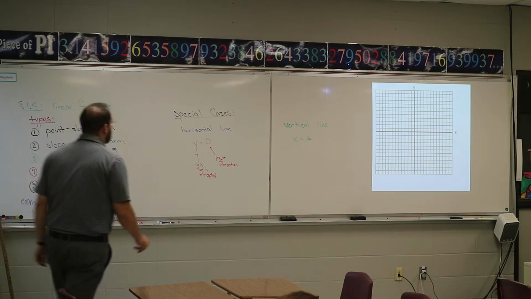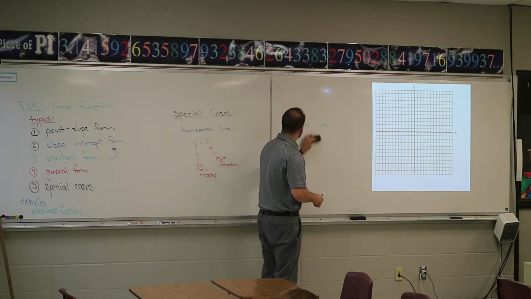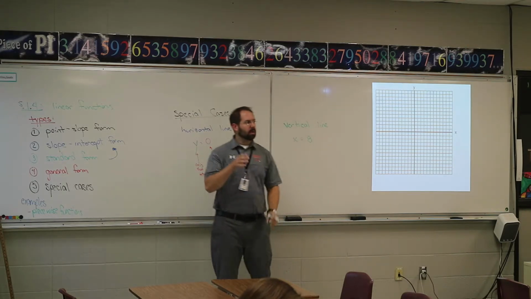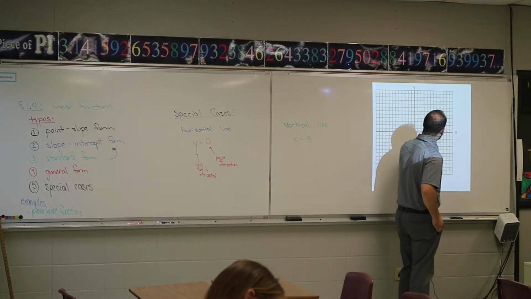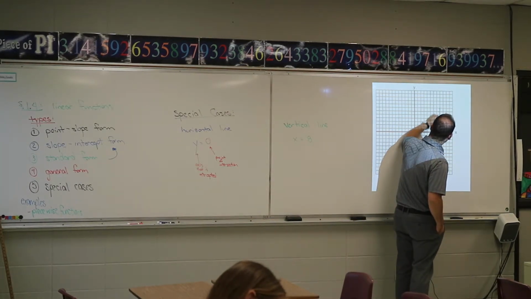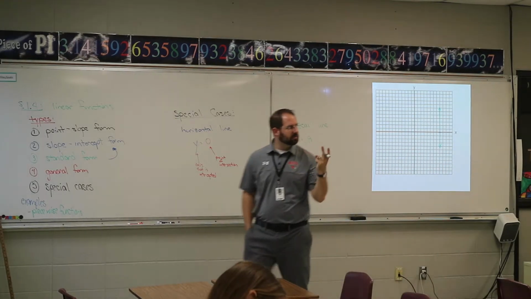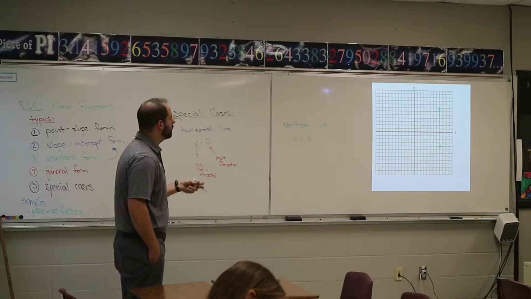Okay, so let's say it was x equals 8. I'm only hitting the x-axis right at 8, so I find 8 on the x-axis, and then I'm going to draw a line that's going up and down on it. It's not going to hit the y-axis, it's not tilted, because it doesn't have 2 letters. Equations that have 2 letters have to hit both axes.